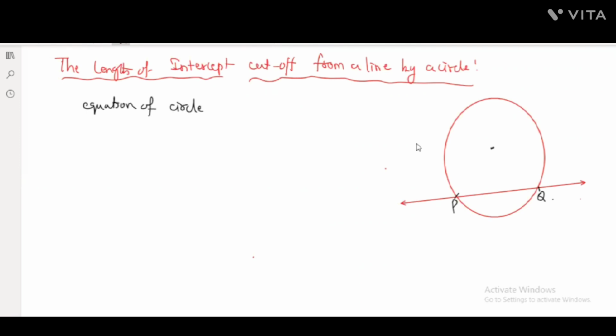Let us assume the equation of the circle is x square plus y square is equal to a square, and the line equation is y is equal to mx plus c.